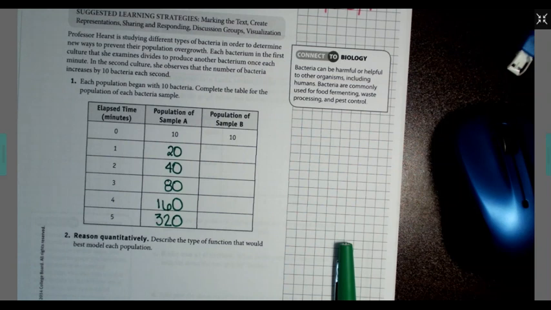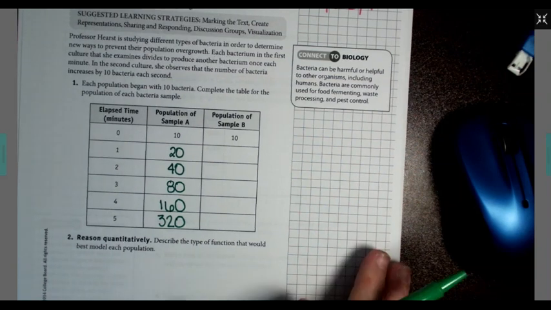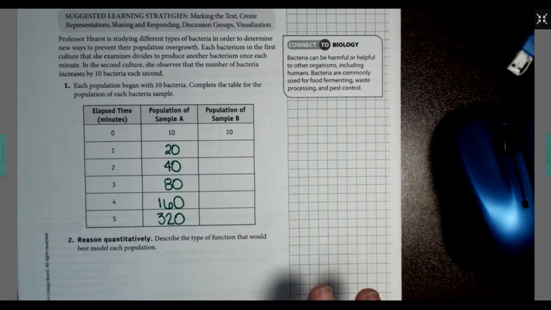Let's talk about population sample B. This says, in the second culture, she observes that the number of bacteria increases by 10 each second. Each second. How many seconds are in a minute? 60.